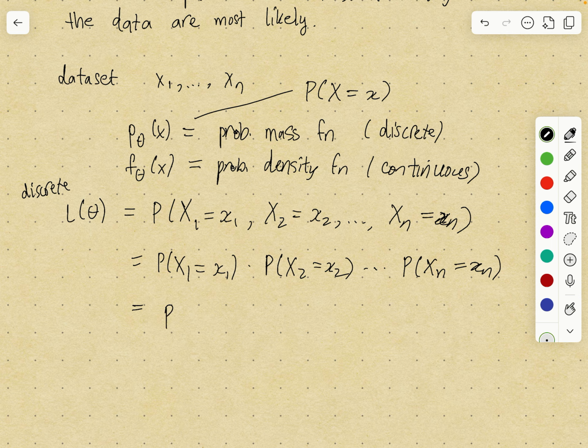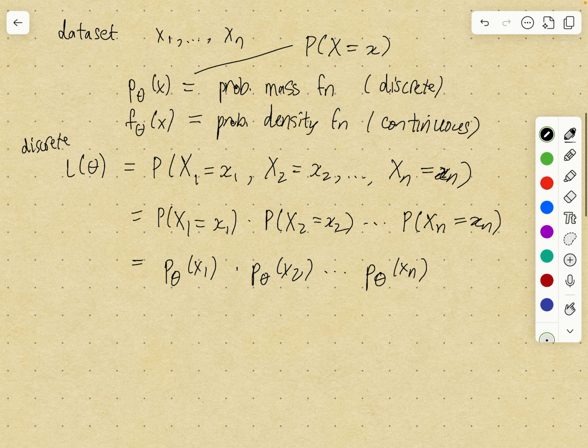That's just p sub theta of x1 times p sub theta of x2 to p sub theta of xn. Because we're assuming that all the Xi's have the same probability mass function. So that's the definition of L of theta. This is called the likelihood function.